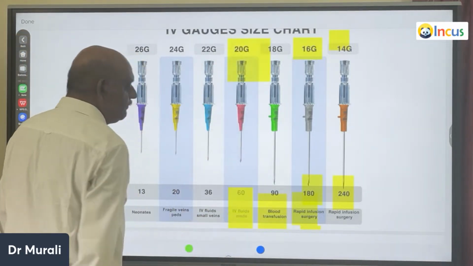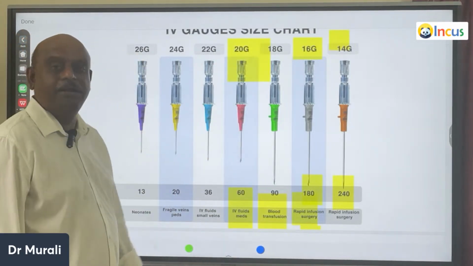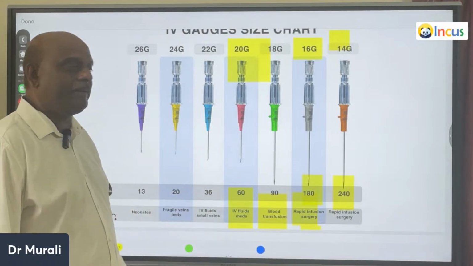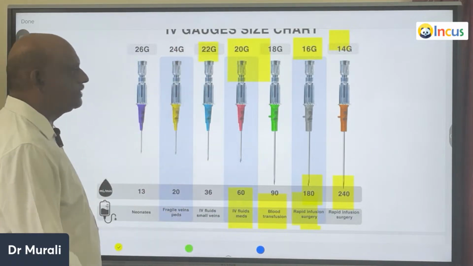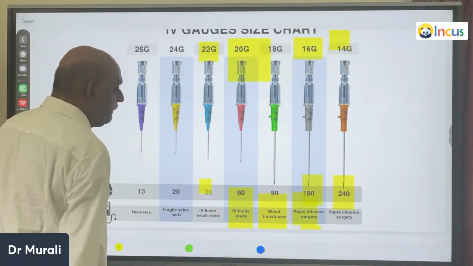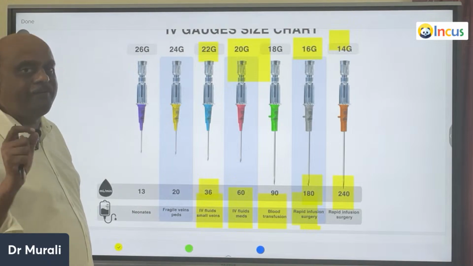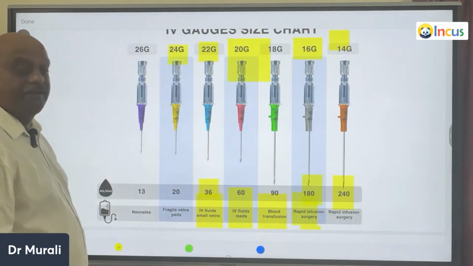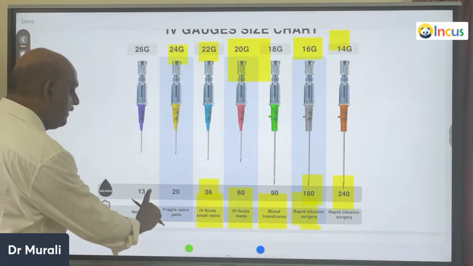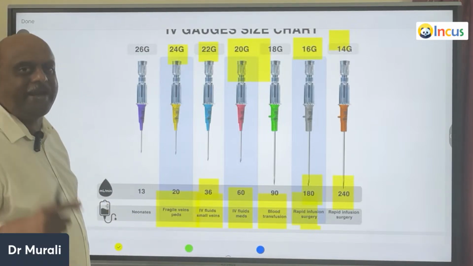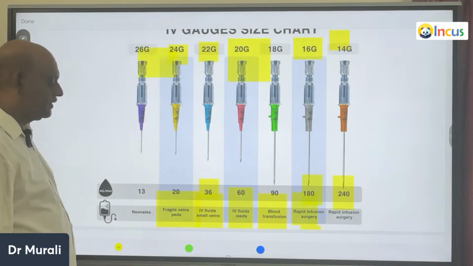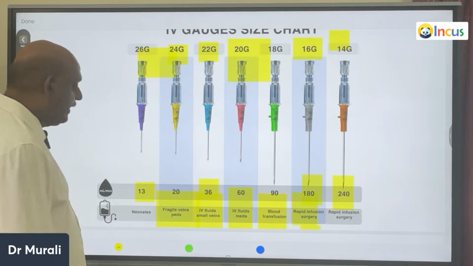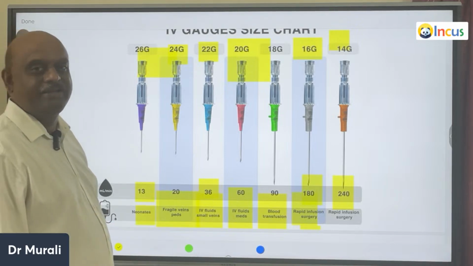20 gauge we give for IV fluids and passing medicines intravenously, and the flow will be 60 ml per minute. 22 gauge, typically 36 ml per minute, and IV fluids into small veins are administered through 22 gauge. 24 gauge, 20 ml per minute is the flow rate, for fragile veins, especially pediatrics. 26 gauge, typically 13 ml per minute is the flow rate, and it is used in neonates.